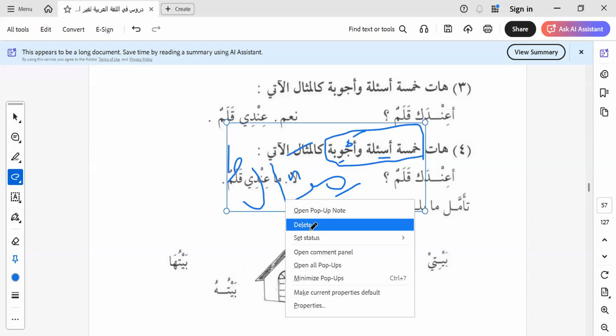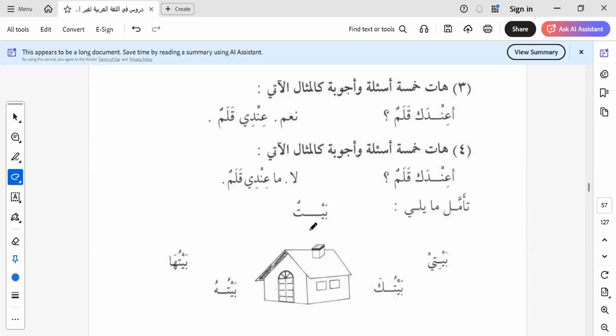So you say كالمثال الآتي. Can you say that again? كالمثال الآتي. Beautiful. So هاتي خمسة أسئلة وأجوبة كالمثال الآتي.